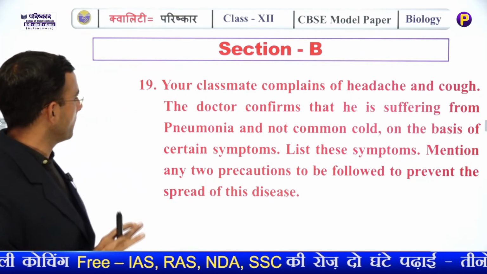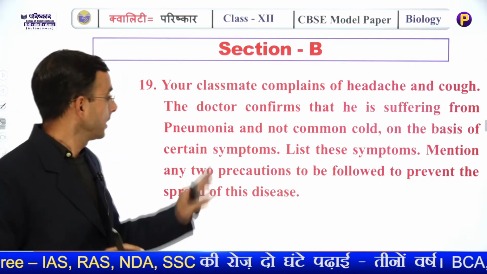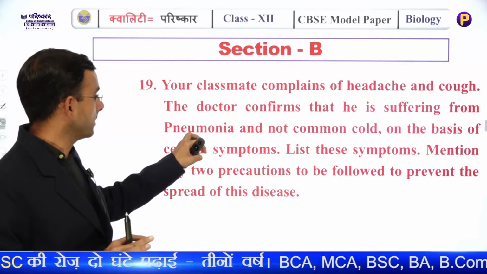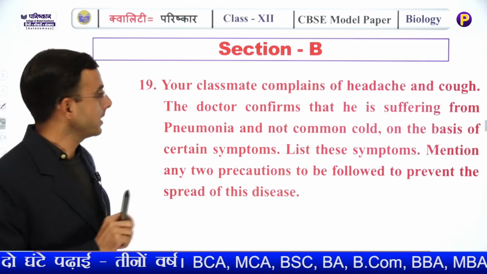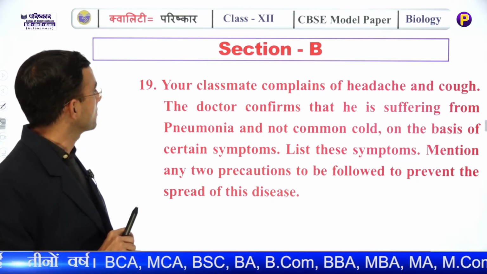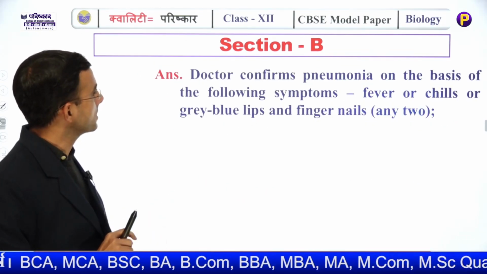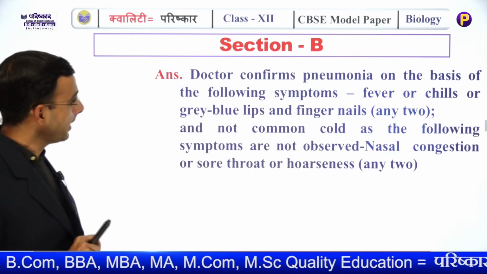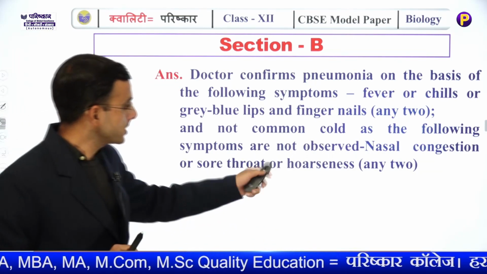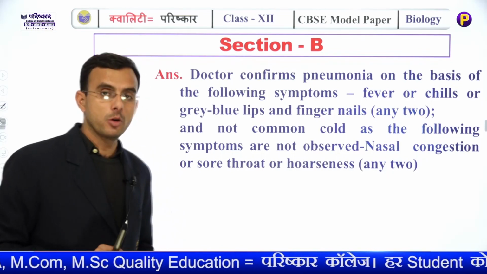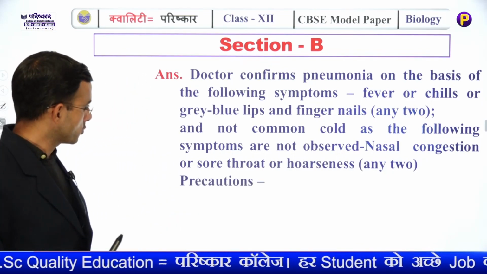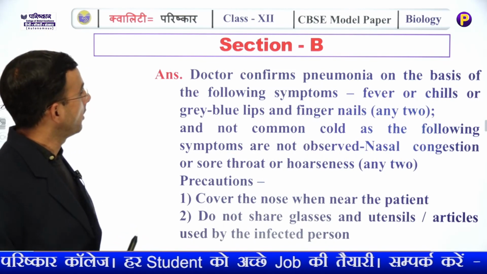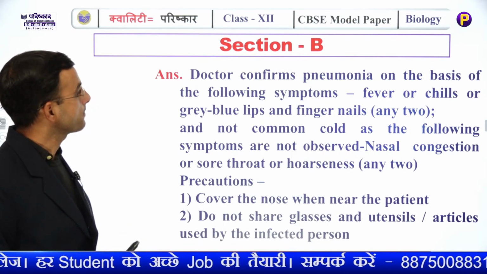So you have to identify the different symptoms of pneumonia, on which the doctor has declared that the person is suffering from pneumonia. These are the features on which the doctor confirms pneumonia, and these are the features for common cold, and you have to take these 2 precautions to stop the spread of these diseases.